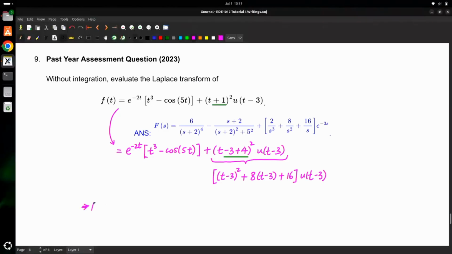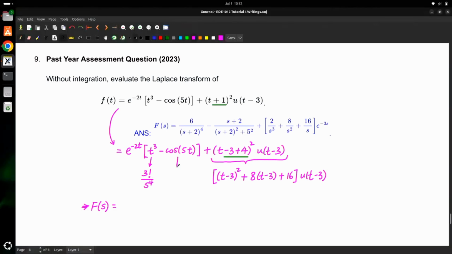So the big F of S: this one, do S shifting, correct? So t cubed, so n equals 3. 3 factorial over S to the power 4. But you have to do shifting. So this guy, if you do the Laplace transform, you will get 3 factorial over S to the power 4.